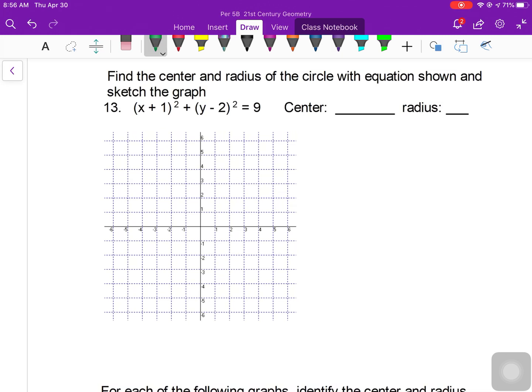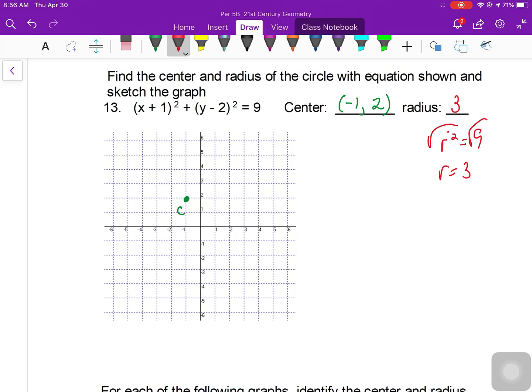Let's try one where we have to pick out the center and the radius and sketch the graph. Let's do the center first. The opposite of what's with the x would be negative 1. The opposite of what's with the y would be positive 2. So I know that the center is left 1 and up 2. So there's my center. The radius, I know that r squared is equal to 9.